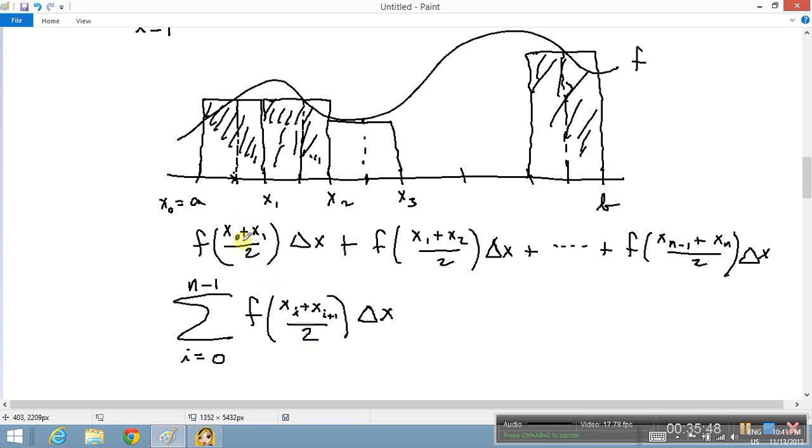That's the first term times delta x. Now imagine letting i equal 1. Then this means x1 plus x2 over 2. That's the second guy times delta x. And so on. So this captures exactly that sum. And this would be what's called the midpoint approximation, or the midpoint Riemann sum.